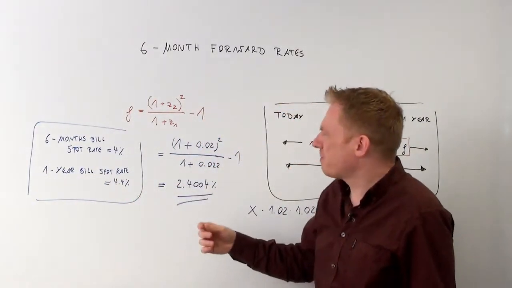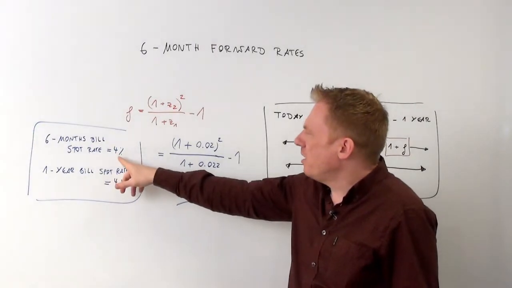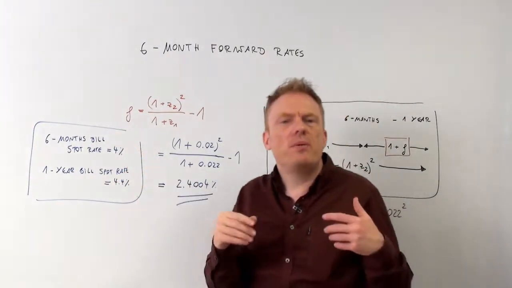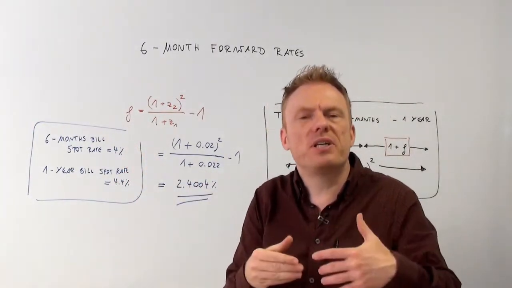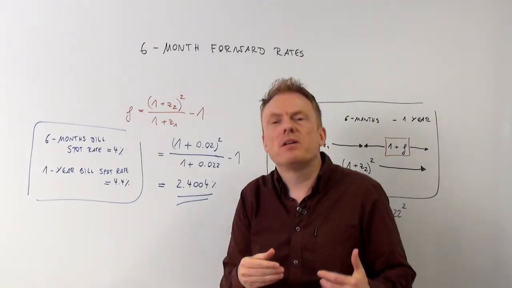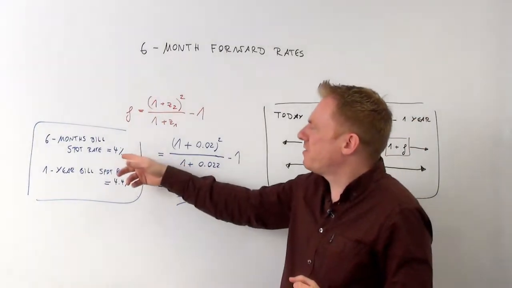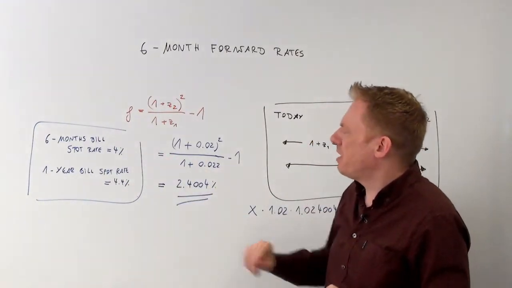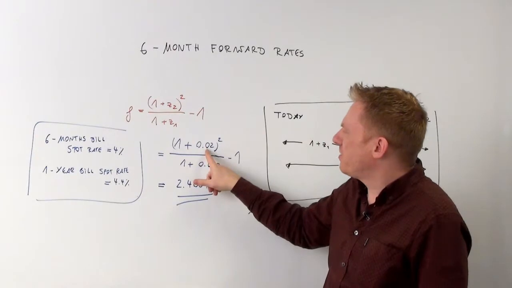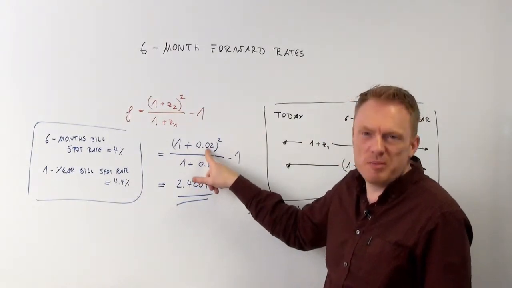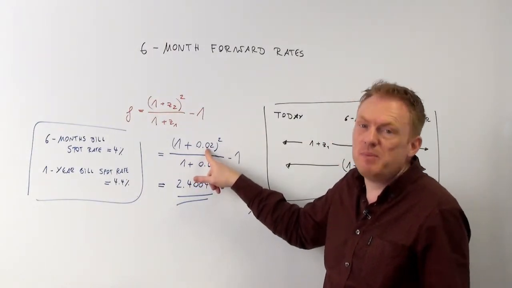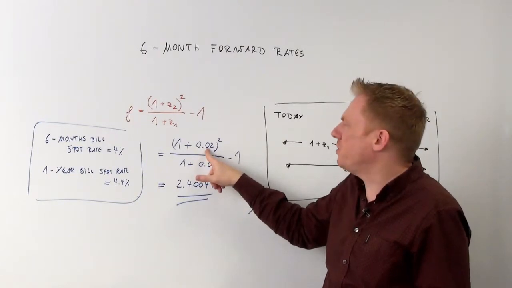For 2 periods, we have to first make sure that since 4% is an annual interest rate, we have to know first the semi-annual interest rate, which of course is 2%. 4% divided by 2 equals 2%.